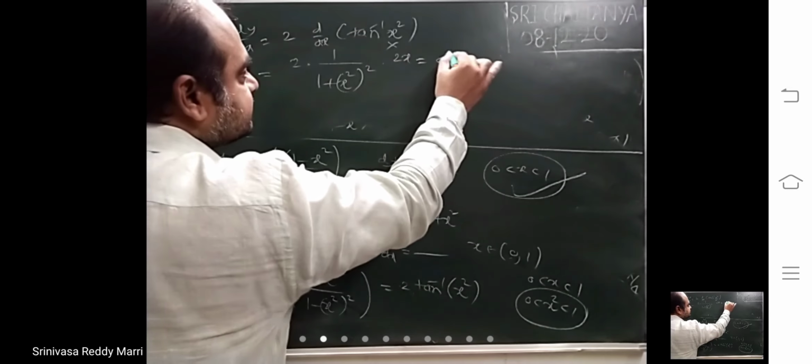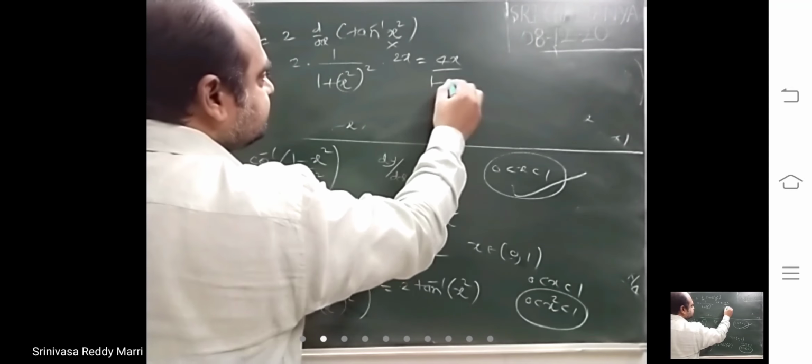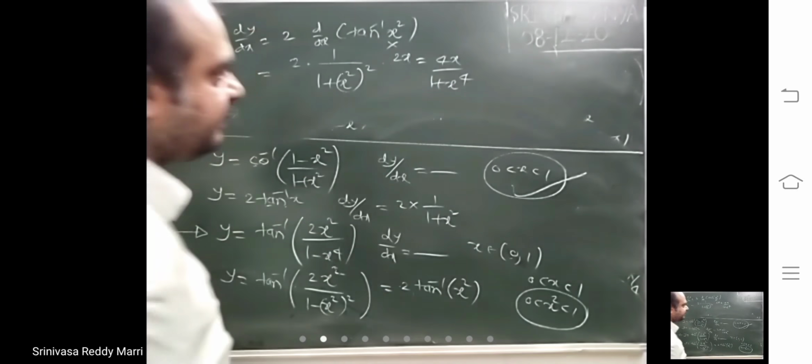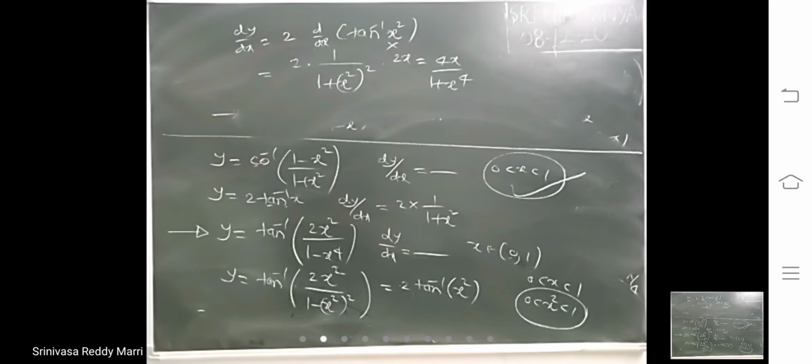So what is the final answer? 4x divided by 1 plus x power 4. That is the answer. Like that you can make use of those rules.